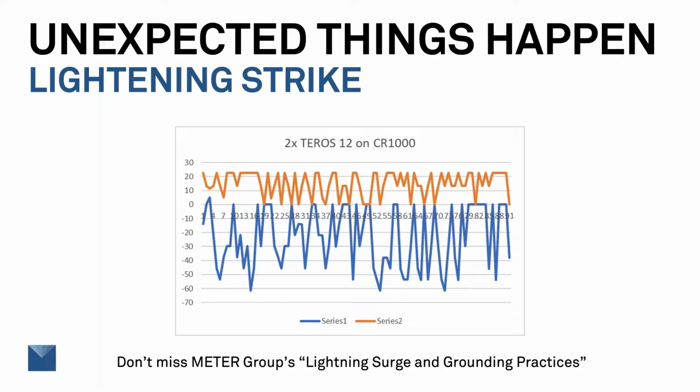Those are awesome data loggers. We love Campbell Scientific. Please go ahead and read METER Group's lightning, surge, and grounding practices. It's a white paper we've got on our website and can help save you this particular problem. That's really unique to people using third-party data loggers with our system. So it doesn't happen very much, but that's something that happened to this particular customer.